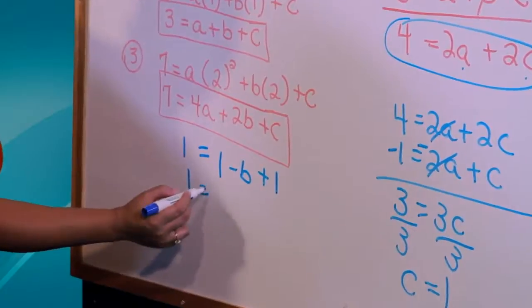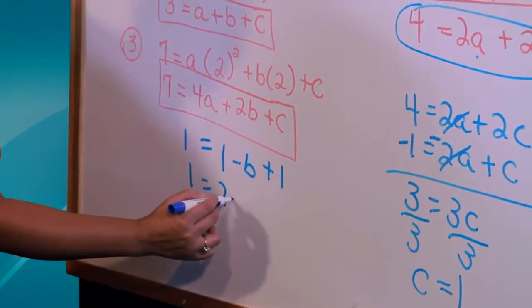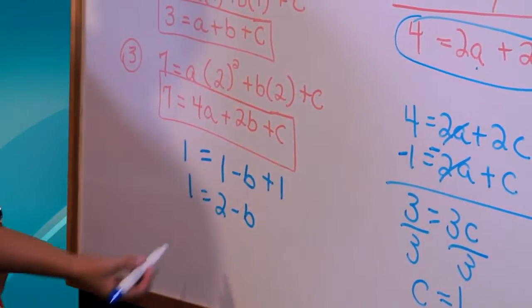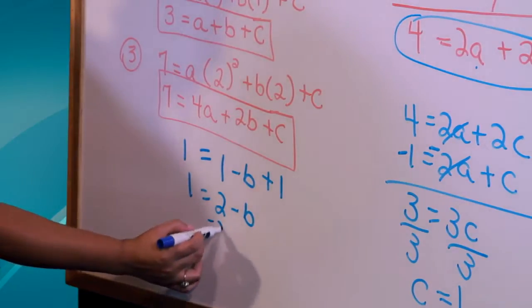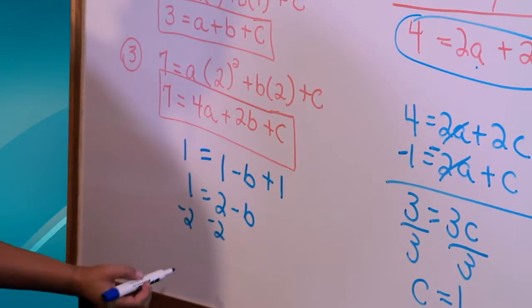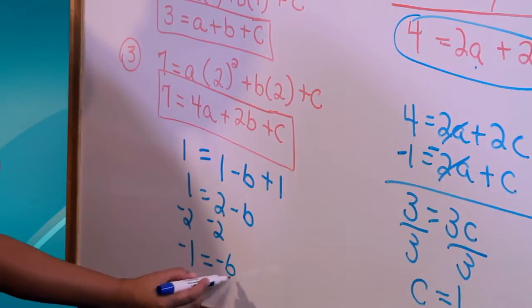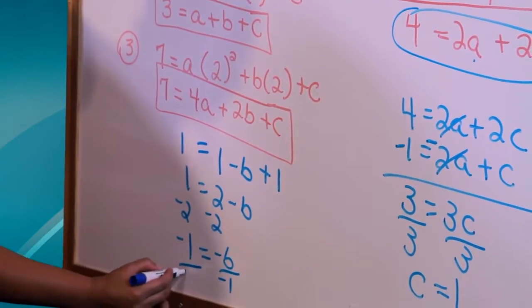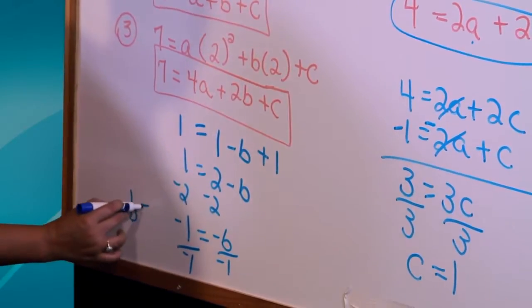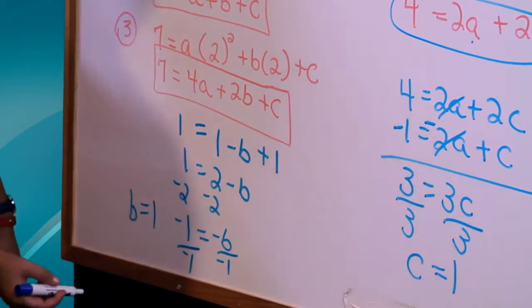So combining like terms, 1 plus 1 is 2 minus b. And now I want to get b by itself, so I'll subtract 2 from both sides. So I have negative 1 equals negative b. I'll divide by negative 1. So b is also positive 1.